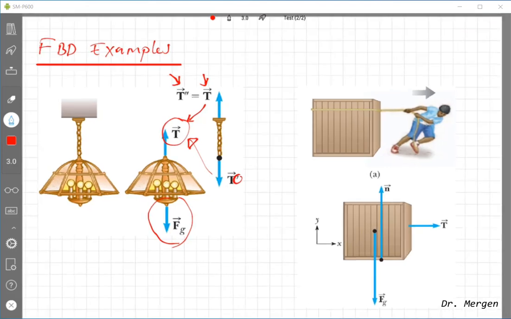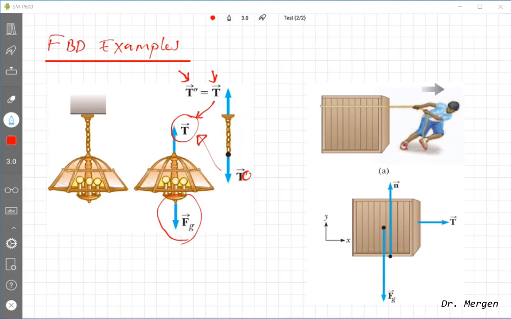In the second free body example, we have a box being pulled by a young man, and those are the forces on that box, the box itself only. The box was isolated from the whole system. Here the force T is the tension force, which was applied by the rope.